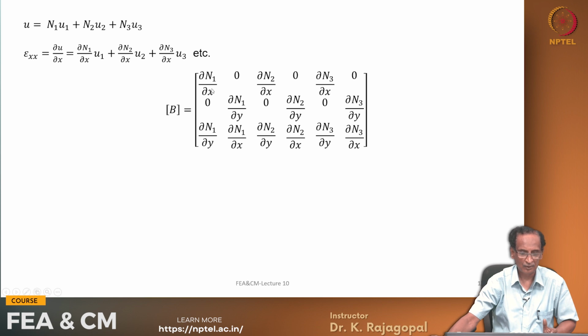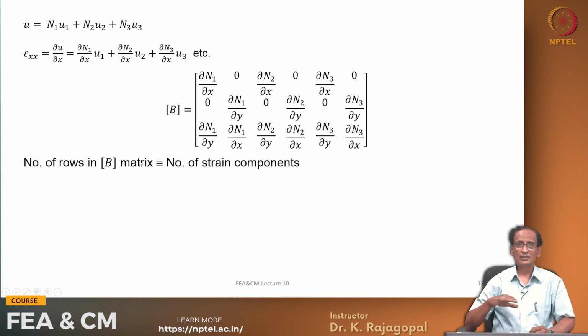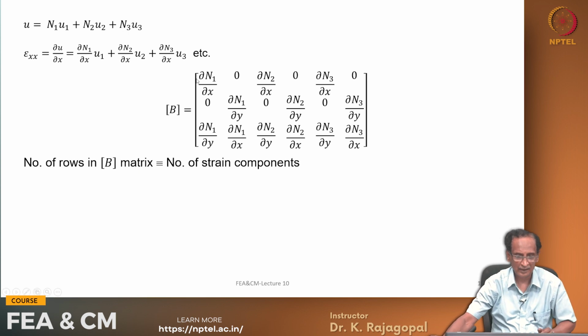So, dou N1 by dou x, dou N2 by dou x, dou N3 by dou x, and so on, and the second row, epsilon yy: dou N1 by dou y, dou N2 by dou y, dou N3 by dou y, and the third row is for the shear strain gamma xy. Okay. So, the number of rows in the B matrix is equal to the number of strain components. For plane stress and plane strain, we have only 3 strain components, so we have 3 rows.